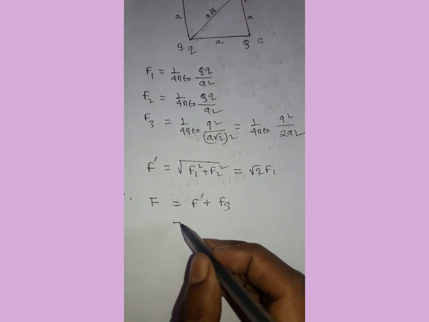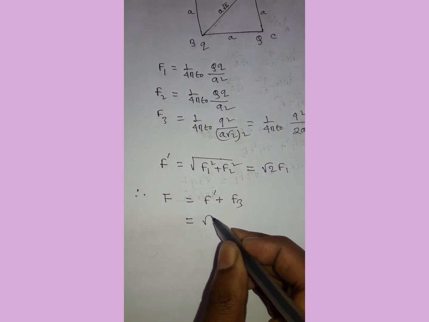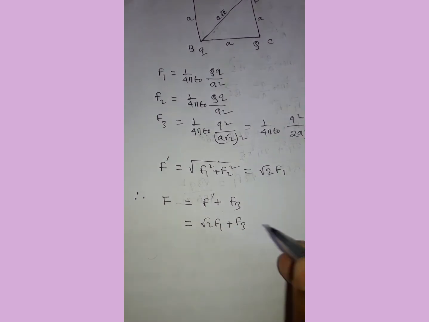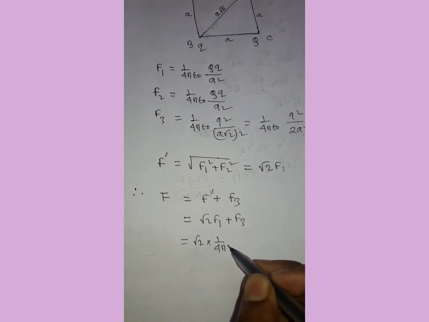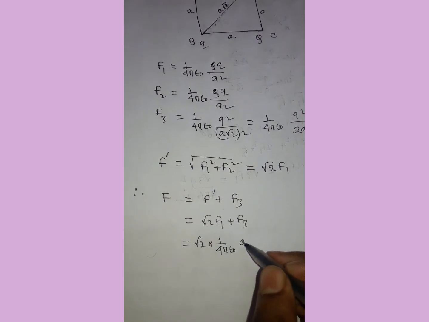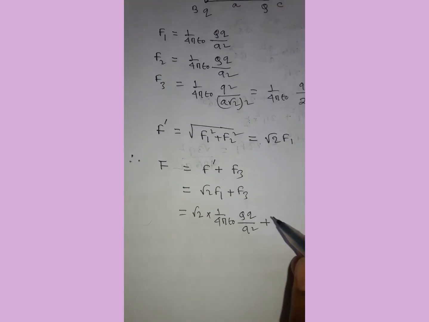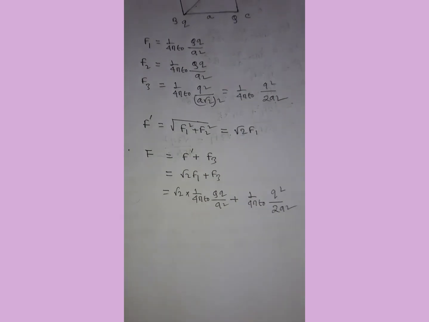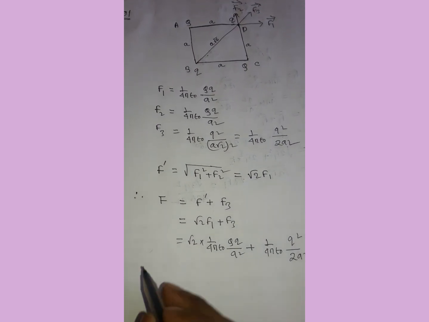Now we substitute the values of F dash and F3: root 2 F1 plus F3 equal to root 2 into 1 by 4 pi epsilon naught, capital Q small q by a square, plus 1 by 4 pi epsilon naught, small q square by 2 a square. According to our problem, the force on small q is 0.